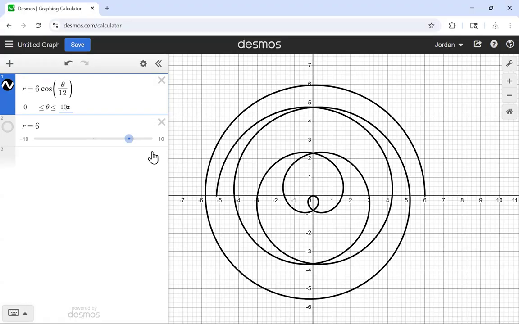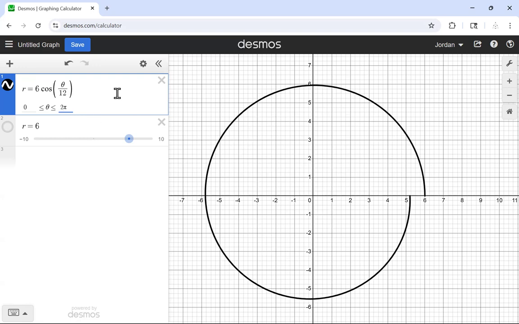Notice that the reason for this is because of the nature of cosine. Cosine is periodic with a period of 2 pi. So if I just go from 0 to 2 pi, the only angles that I've really plugged in are from 0 to pi over 6 because we're dividing that angle by 12.